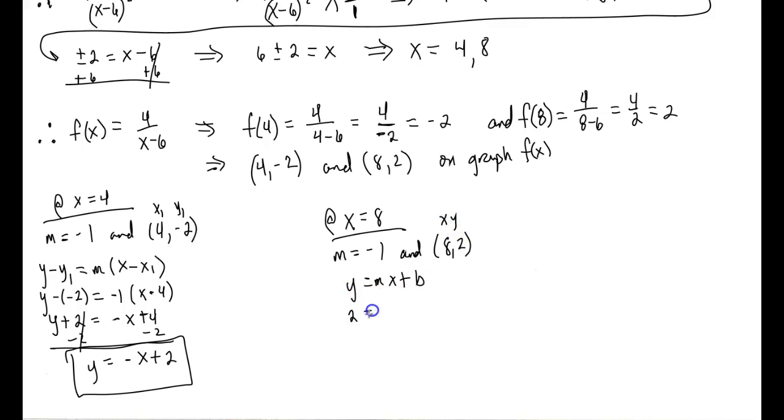So our y is 2, our slope is negative 1, our x is 8. We have b as the y-intercept, which we're going to find. So negative 1 times 8 is negative 8. And if we add 8 to both sides, we see that we have 10 is equal to b. So therefore, the second equation is y equals negative x plus 10.